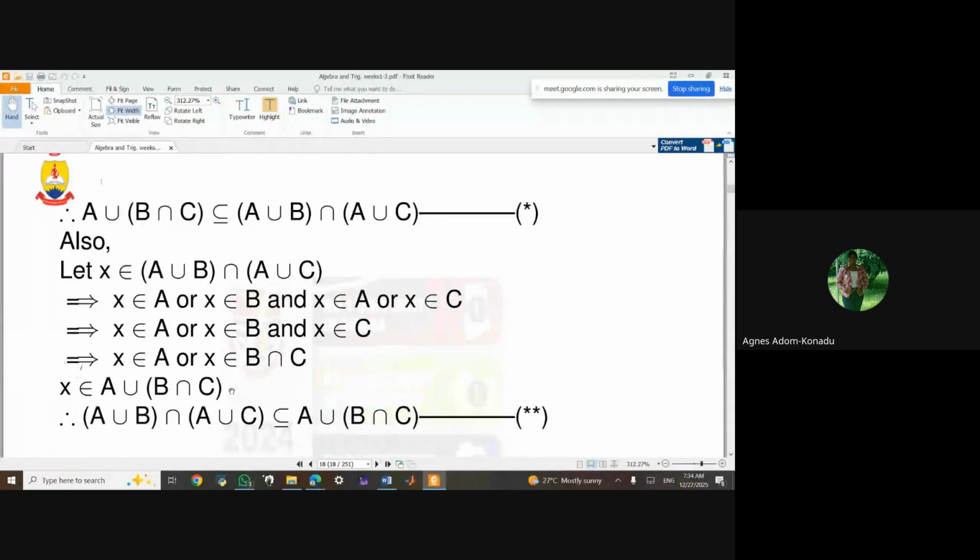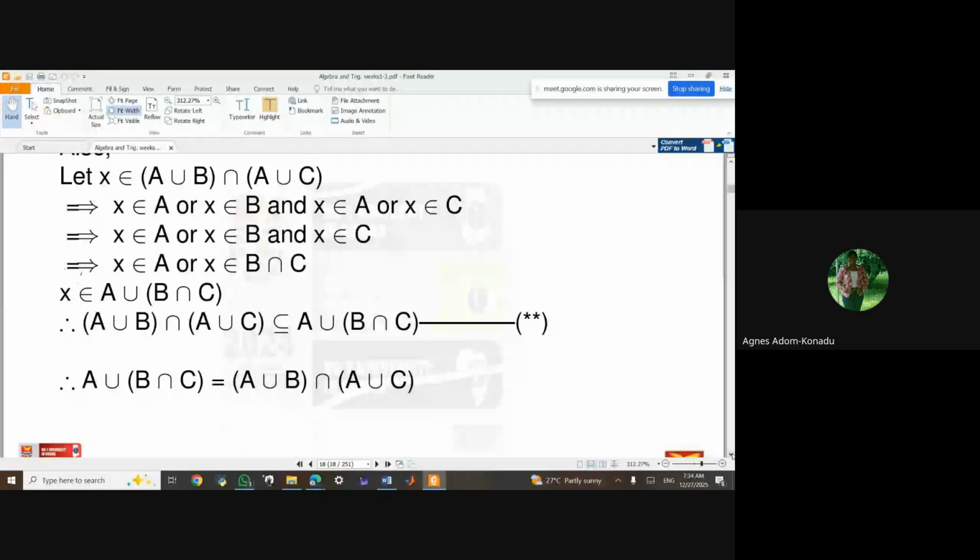So I've been able to prove that the right-hand side is also contained in the left-hand side. So I conclude that the left-hand side is equal to the right-hand side.